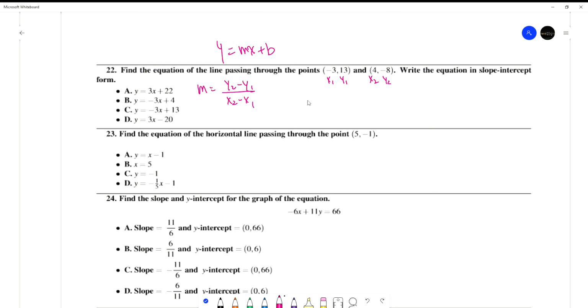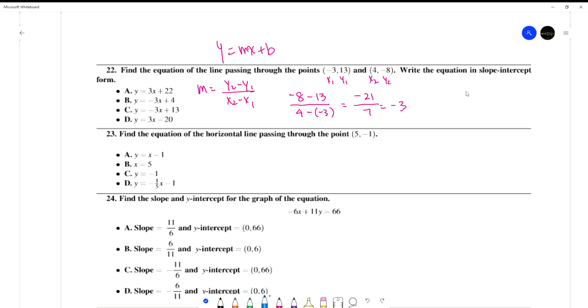So negative 8 minus 13 is negative 21 over 4 minus negative 3, which is 4 plus 3 is 7, which gives us negative 21 over 7 equals negative 3. So that's our slope.